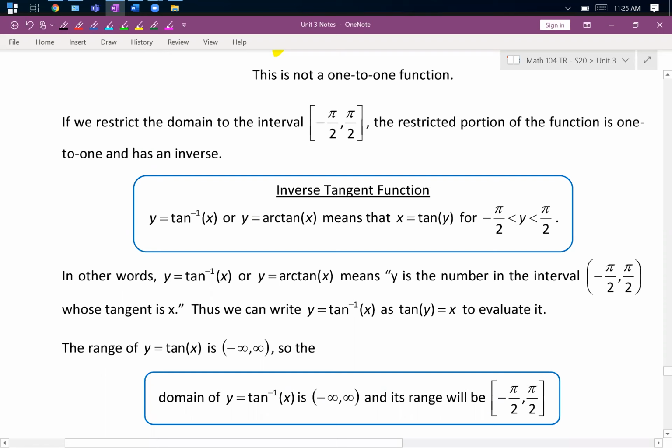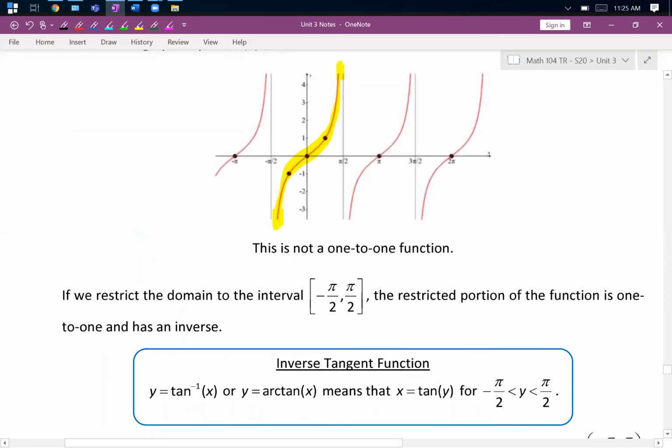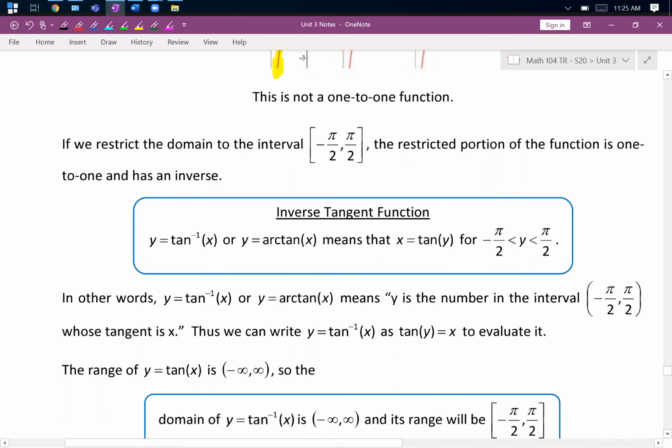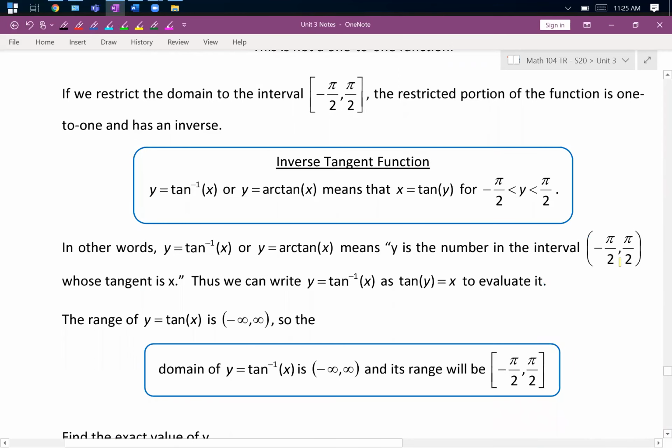One thing I want to point out that is different here: for sine and cosine, the domain included the endpoints. But because we have these asymptotes at negative pi over 2 and pi over 2, we're looking at an open interval here.